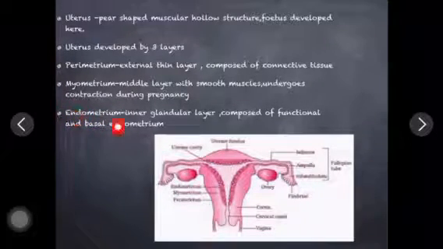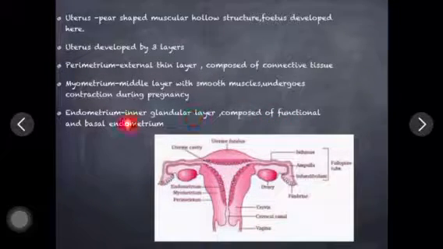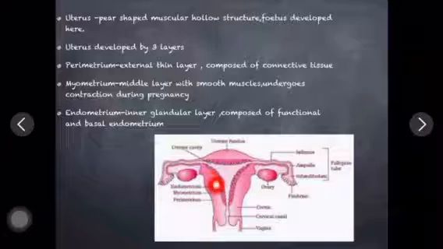Well, we'll see the endometrium, the innermost membrane of the uterus, an inner glandular layer composed of functional and basal endometrium. It means the endometrium, the innermost layer, is divided into two parts, functional and basal. So this is basal and the internal one will be functional.